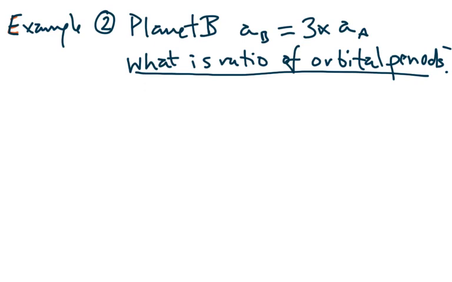Alright, so for this case, we use Kepler's law again, but instead of using exact values, we'll solve for a ratio. So the period squared of planet B divided by the period squared for planet A, that ratio is equal to the ratio of the semi-major axis of planet B cubed to the semi-major axis of planet A cubed.